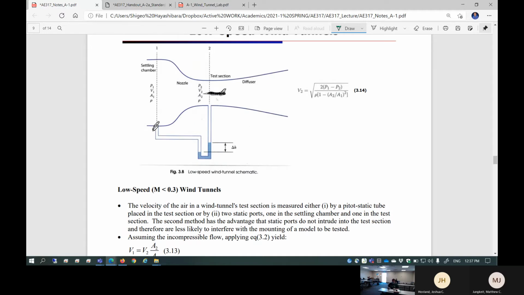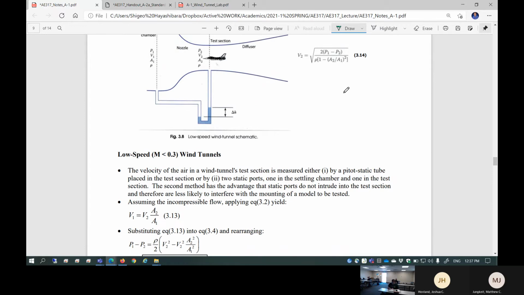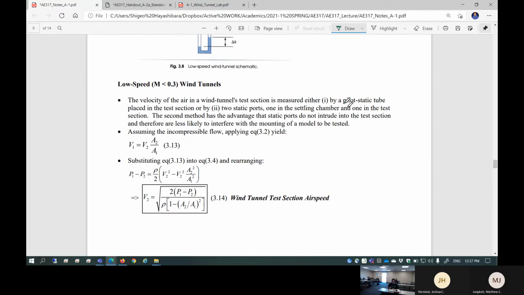You measure the pressure difference between those two static ports and then apply Bernoulli's equation combined with continuity. Have you seen this in fluid mechanics? Yes. So this is essentially fluid mechanics: two equations combined, continuity and Bernoulli. And then you can determine airspeed. Here we go. This is the wind tunnel test section airspeed equation. Very simple.